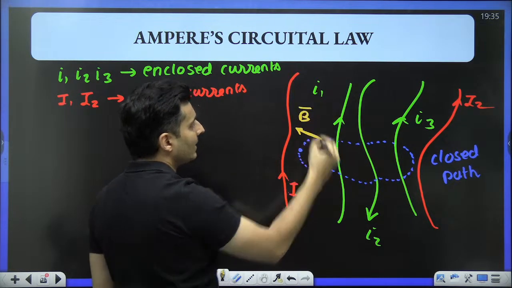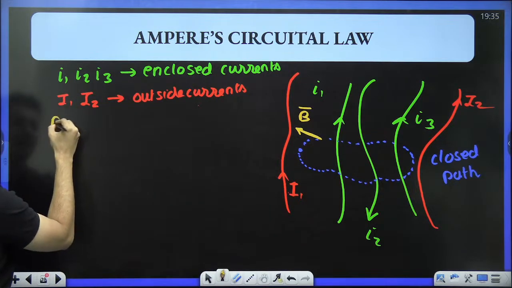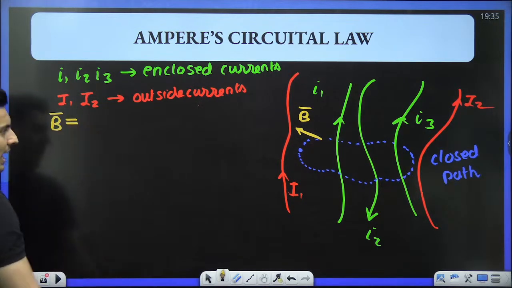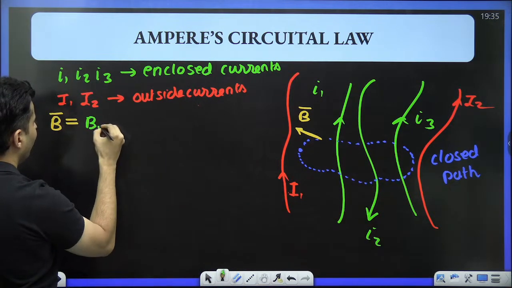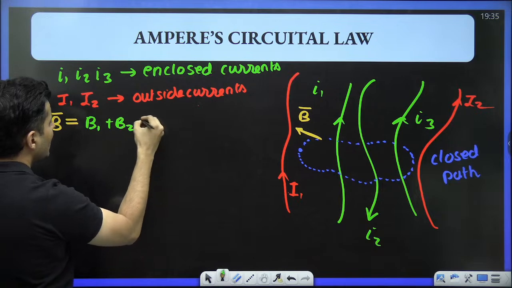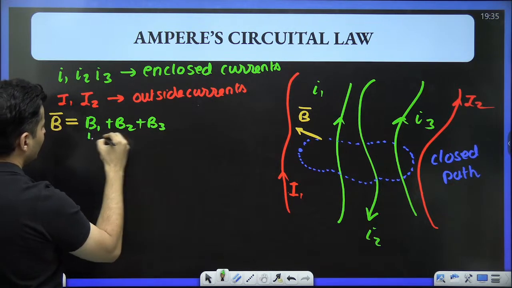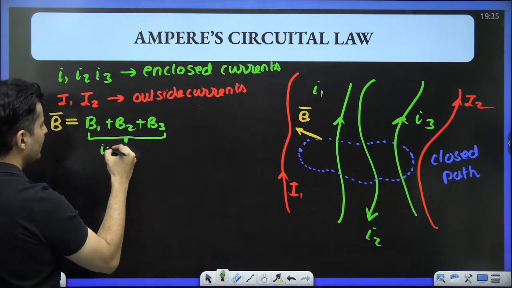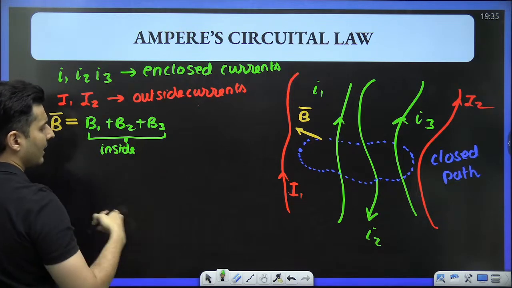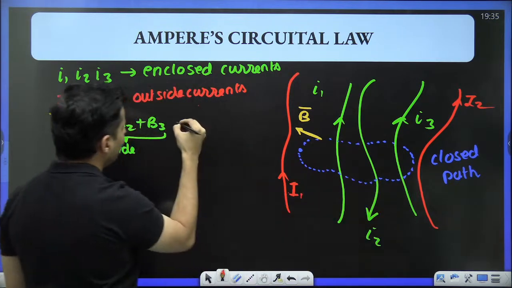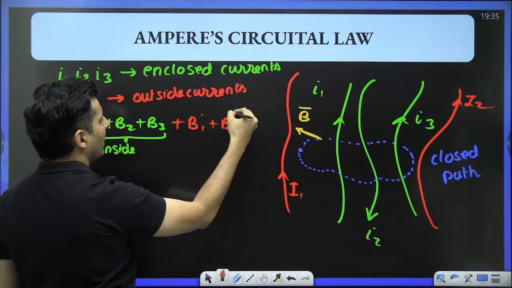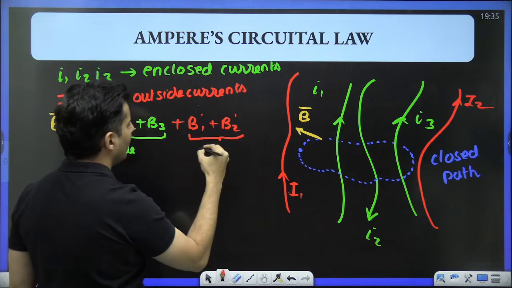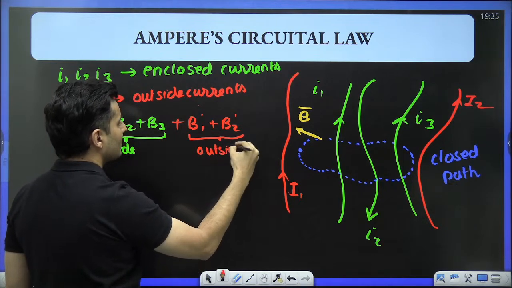I will call it B. So this B is the magnetic field due to 1, 2, 3, which are basically the enclosed currents, plus the magnetic field due to the outside currents, B1, B2. Remember, they are outside currents.